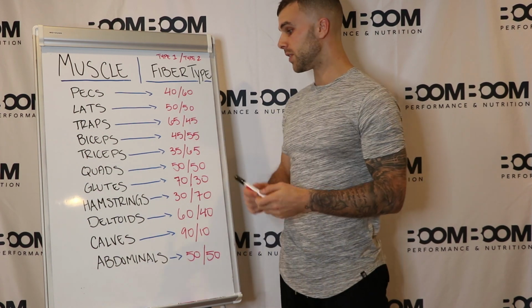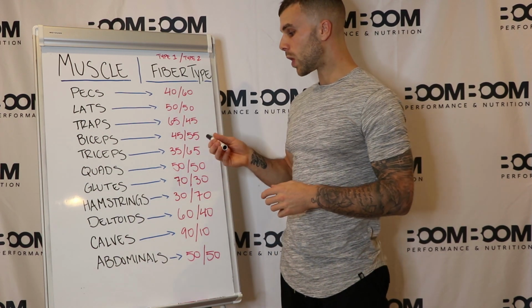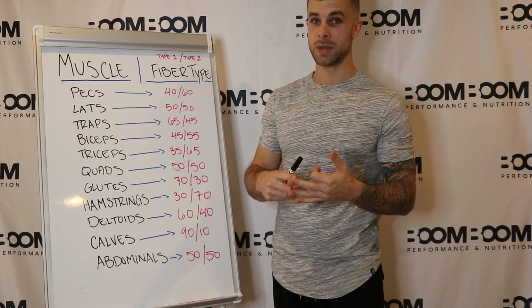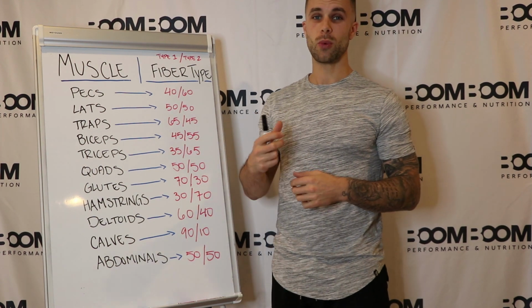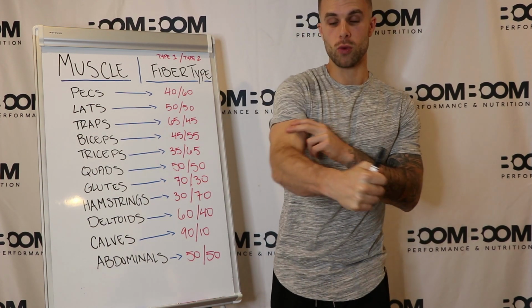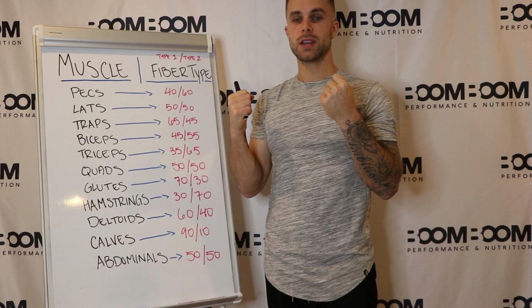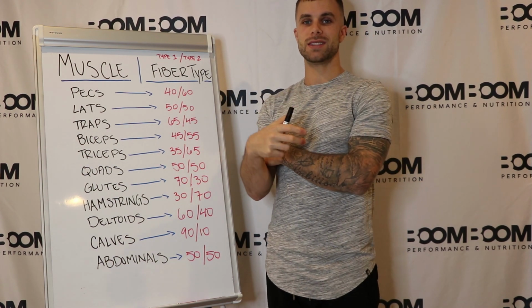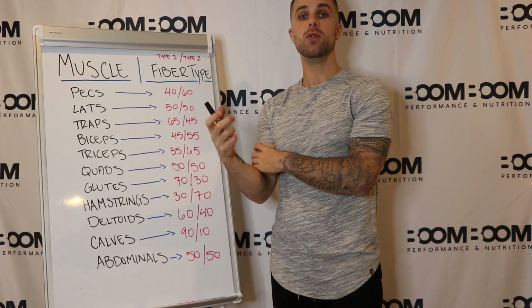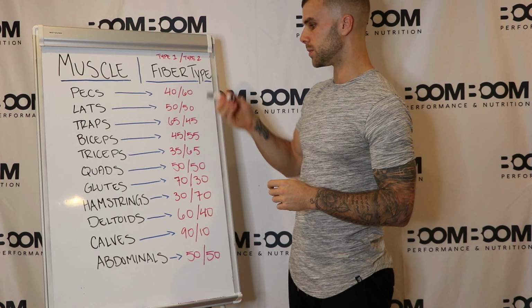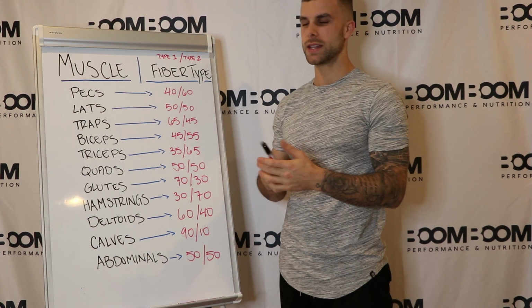Biceps, 45-55. So this is why a lot of Olympic lifters, powerlifters, and gymnasts have huge and ripped biceps, but they don't do any curls. They're doing heavy lifts that are rowing dominant or ring chin-ups. These are heavy rows and pulls, and the bicep is a secondary mover for those movement patterns. Because of this dominance in type 2, that heavy work is going to contribute to bigger biceps.